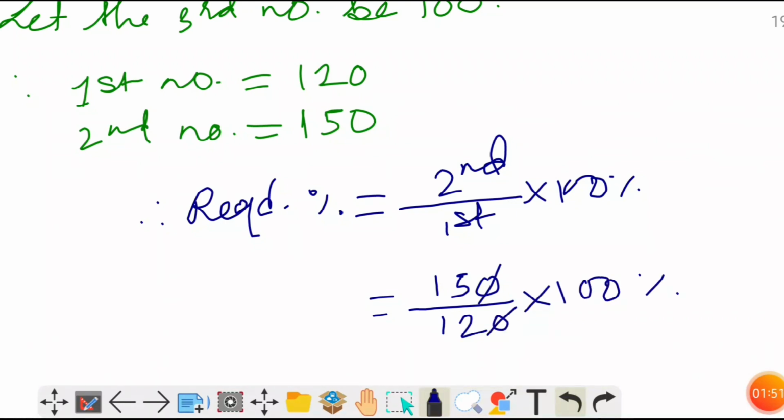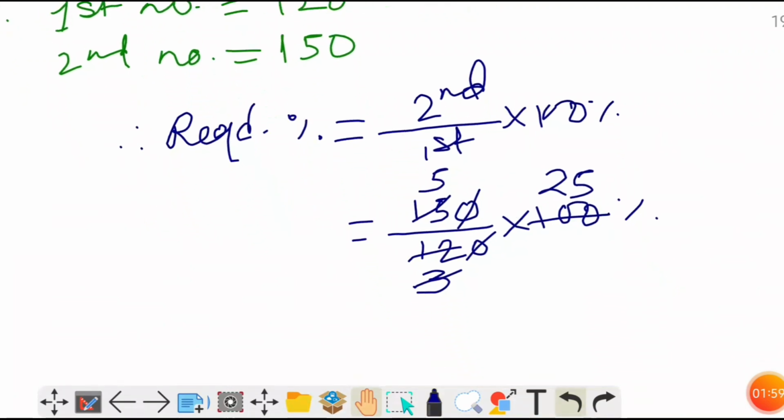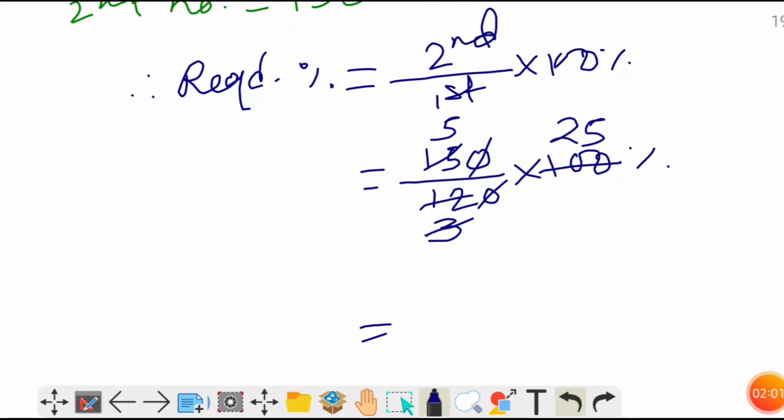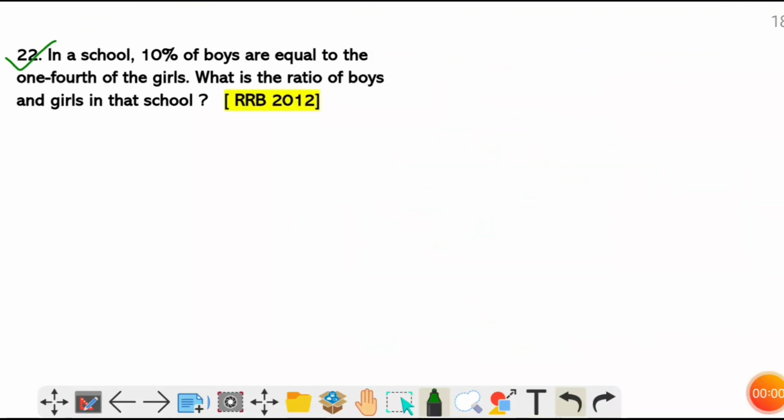By cancelling out zeros and dividing by 4, we have 4 3s are 12, 4 25s are 100, and 3 5s are 15. In the numerator we have only 5 into 25, that is 125. So the required percent is 125%.